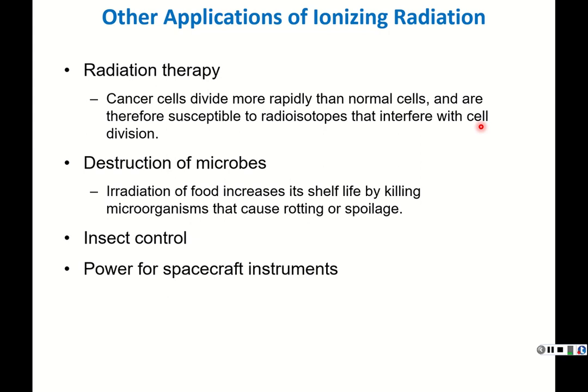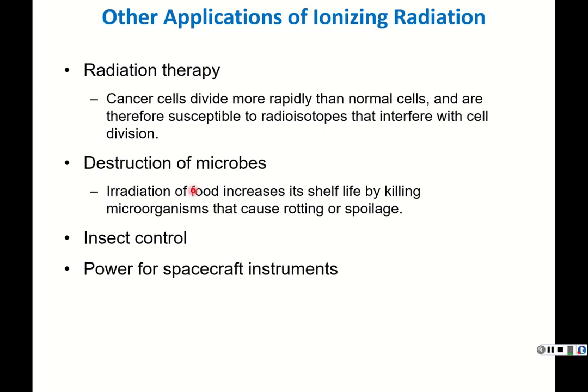That really helps lessen the side effects. It used to be that if you had radiation treatment, you'd have all your hair fall out, and you could become sterile, and it really took a toll on you. But I think it's a little bit better now with the advanced instrumentation.